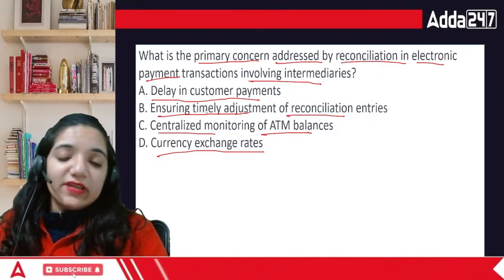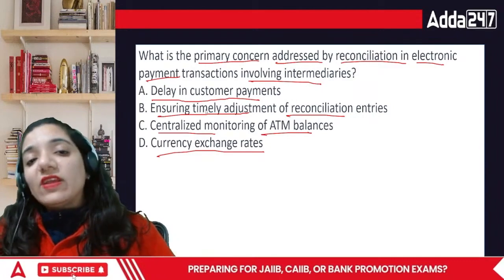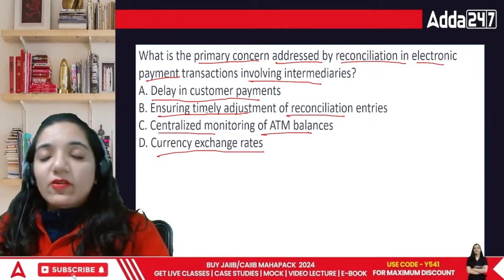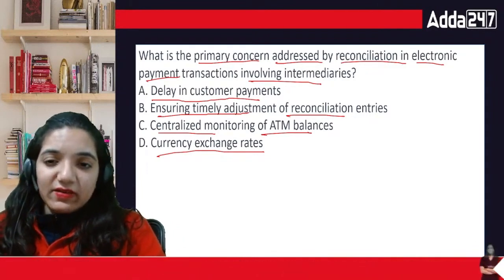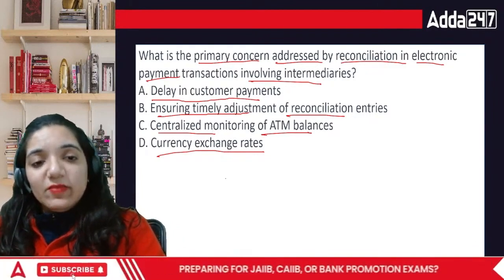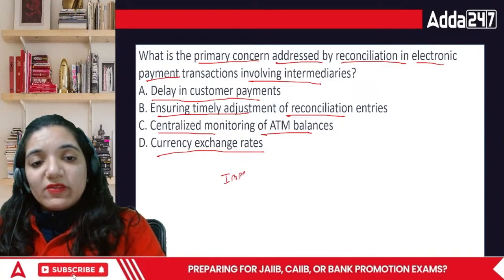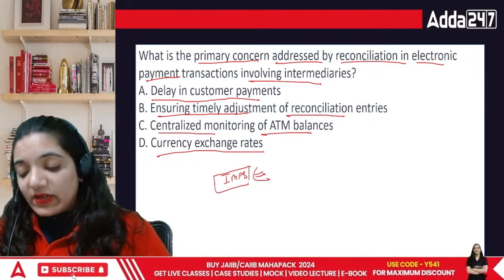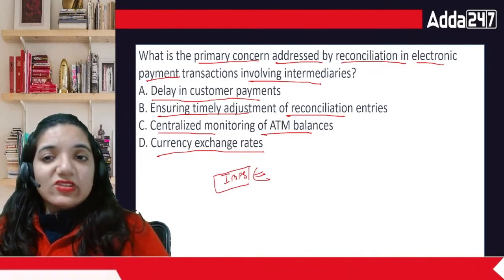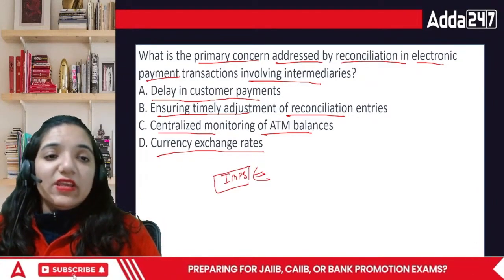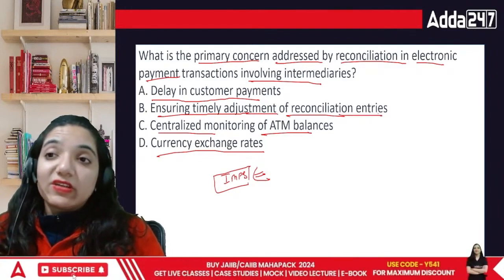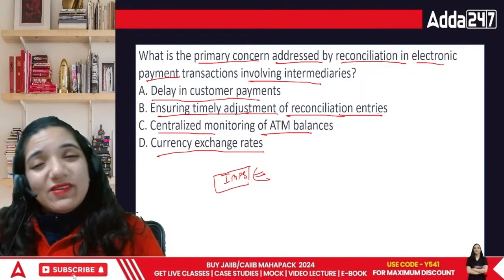One of the most important concerns related to the area of electronic payment. Okay, what happens is if I've just made an IMPS, the payment has to be reflected. In IMPS, it has to be shown right away, right? So if this is going to happen, then we need to ensure timely adjustment of the reconciliation entries.